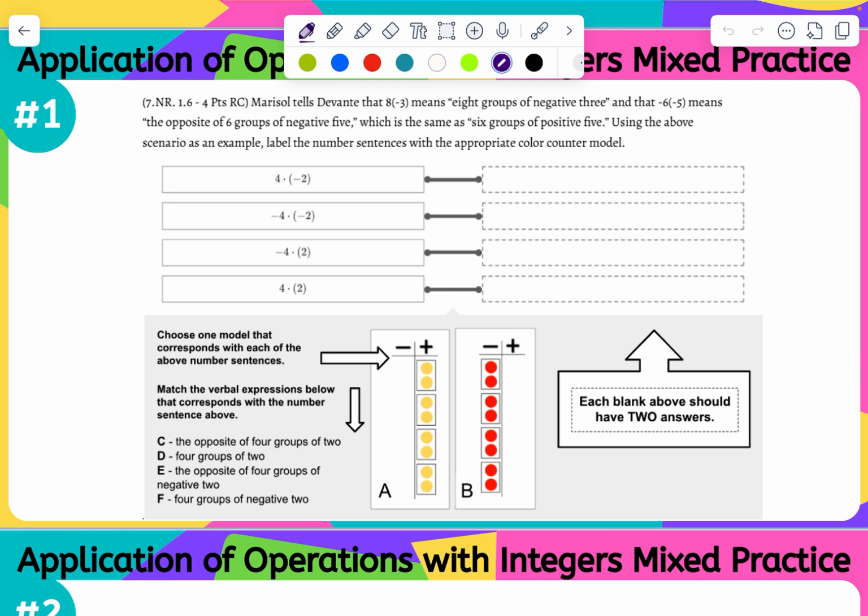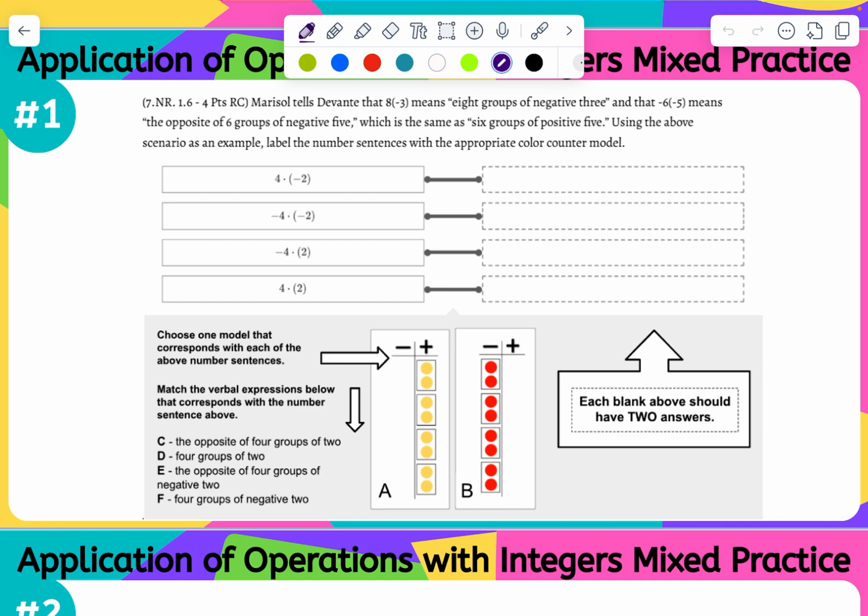All right, so Marisol tells Devontae that 8 times negative 3 means 8 groups of 3. And that negative 6 times negative 5 means the opposite of 6 groups of negative 5, which is the same as 6 groups of positive 5. Using the above scenario as an example, label the number of sentences with the appropriate color counter model.